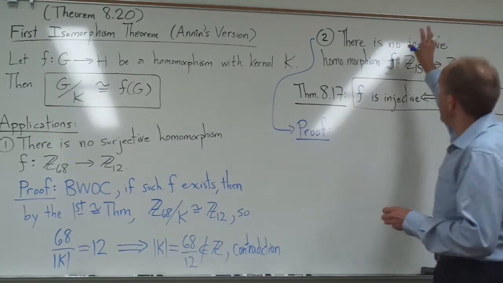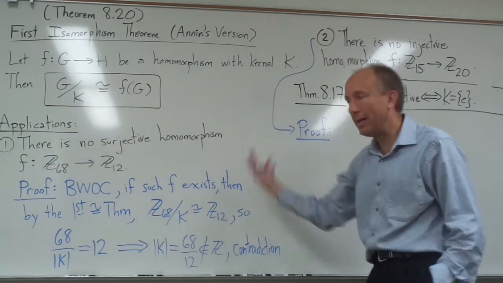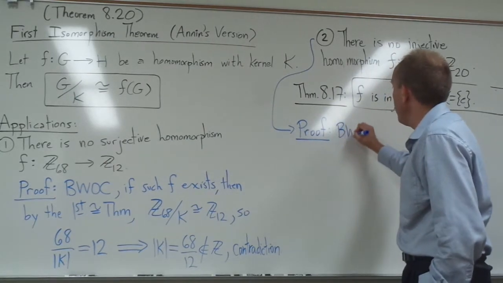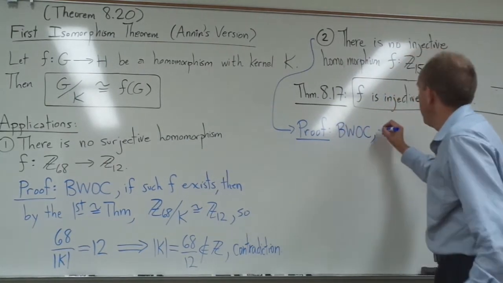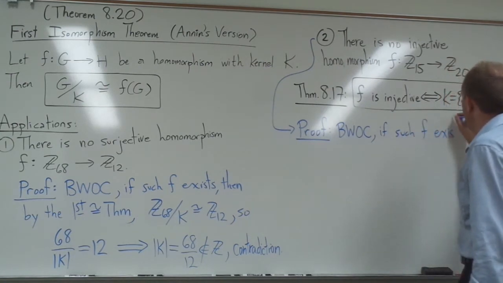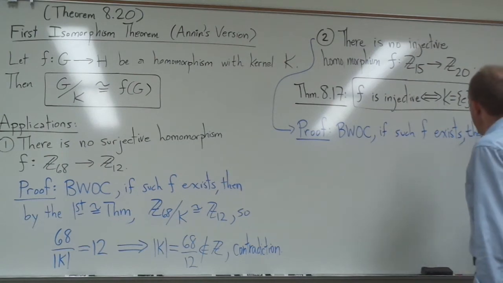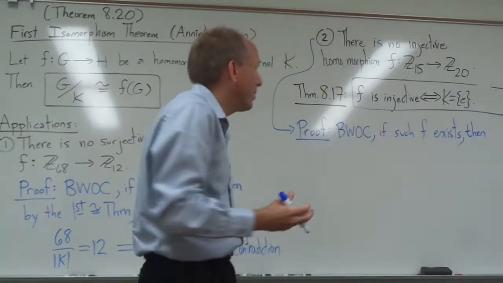There is no injective homomorphism from Z15 to Z20. Let's approach it in a similar manner, by way of contradiction, right? If such an f exists, then let's see what the First Isomorphism Theorem tells us.